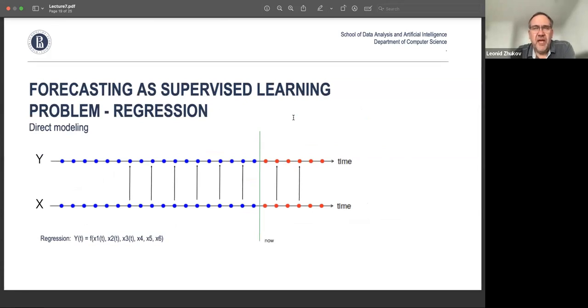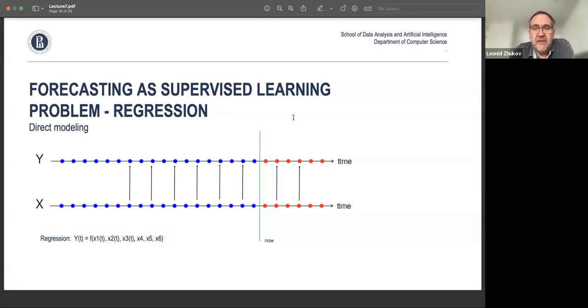So we have discussed classical methods. Now let's take a look at forecasting with machine learning methods. Traditionally, when we set up a machine learning problem, we have a target variable y and independent variables x.